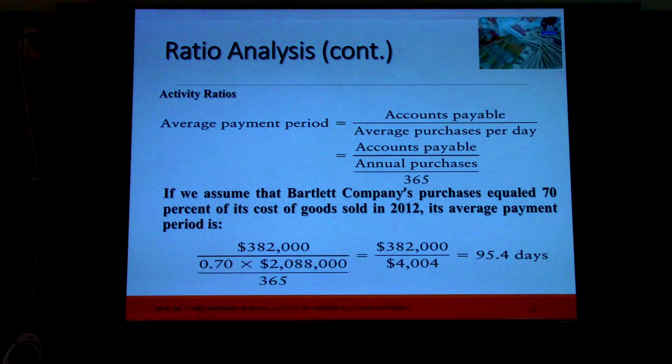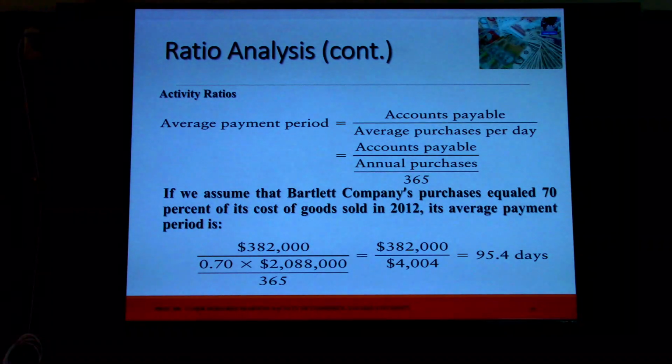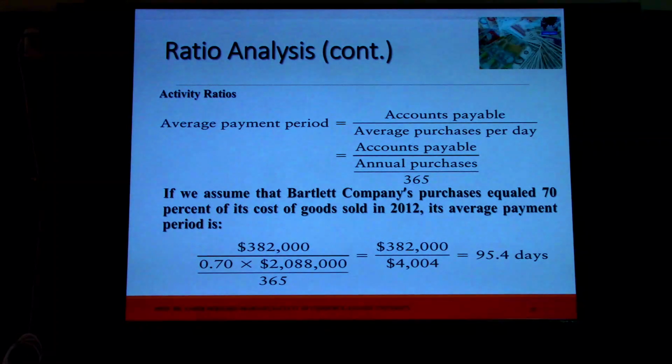If we assume that the annual purchases are equal to 70% of its cost of goods sold, حوالي 70% من تكلفة البضاعة المباعة, this is the annual purchases.